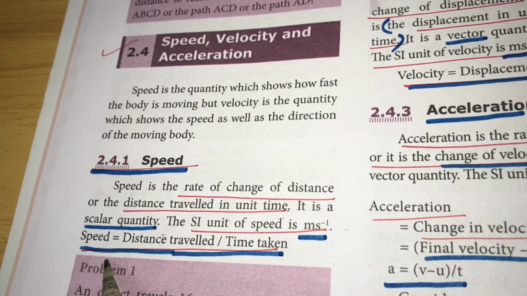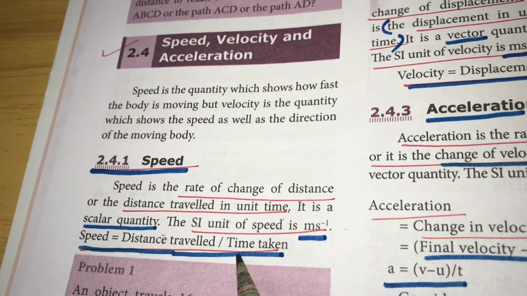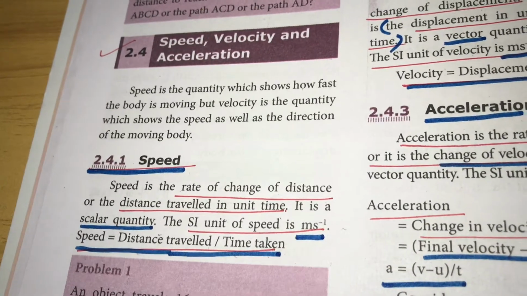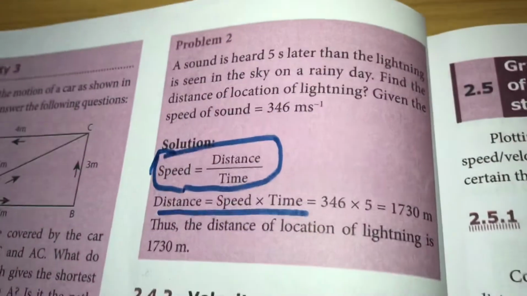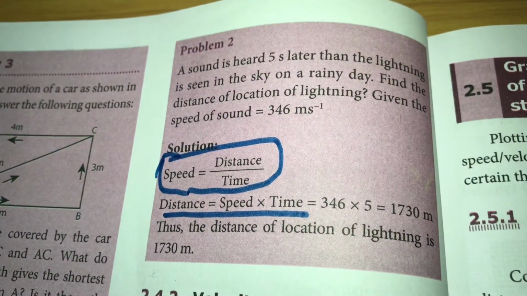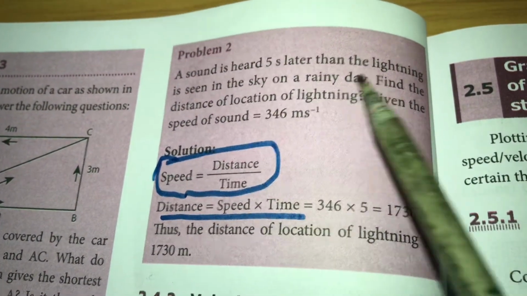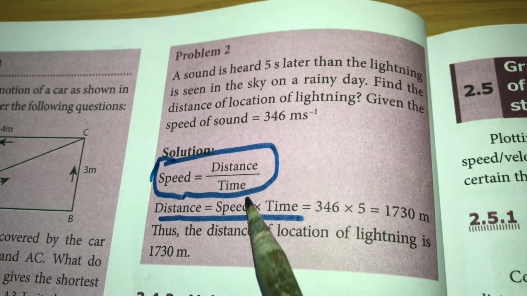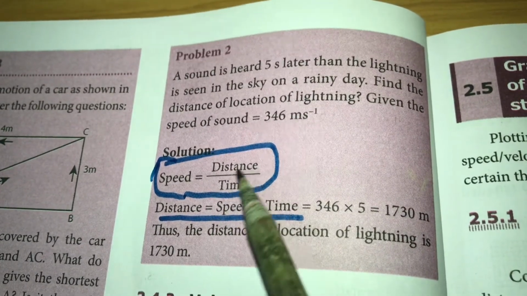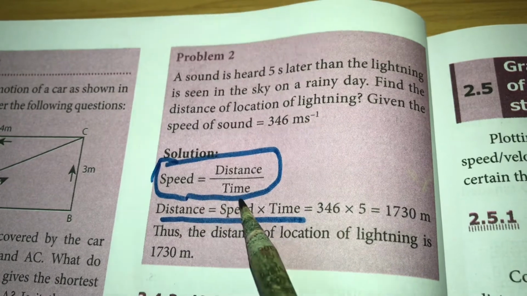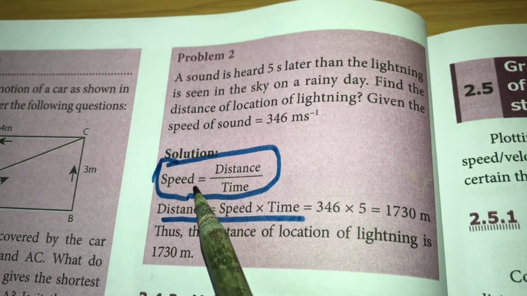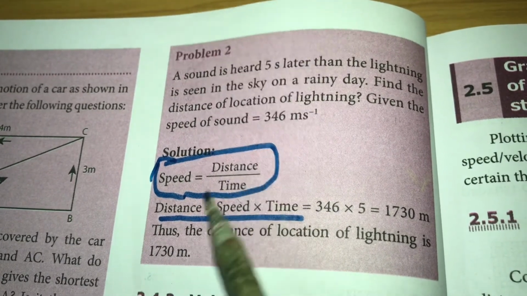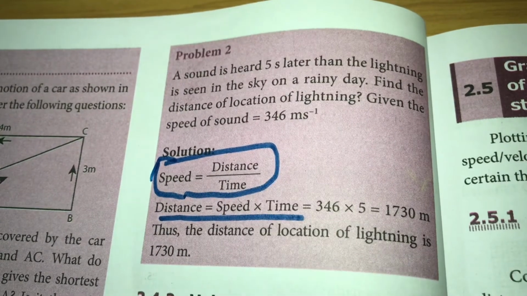So speed is calculated by distance travelled by time taken. And also the other formulas are here. Speed is calculated by distance by time from the given data, and also from this equation, distance is equal to speed into time. Speed is equal to distance by time, distance equal to speed into time.